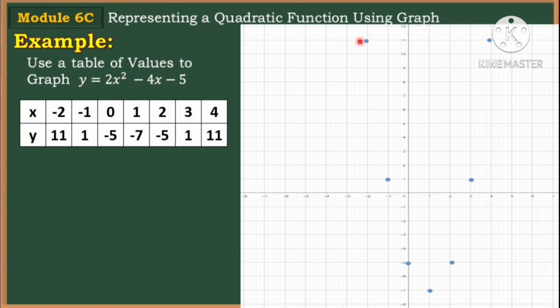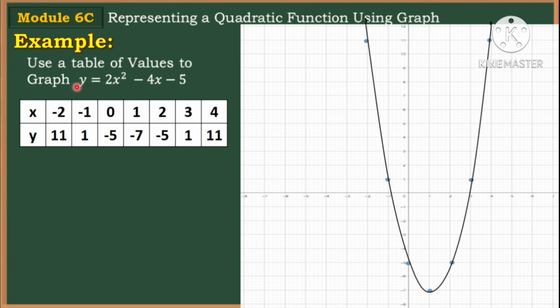Okay? So, draw natin ng line. So, mula dito, mag-pass through doon, then dito siya mag-curve. Okay? So, ito yung graph natin. Ito na yung graph ng function y is equal to 2x squared minus 4x minus 5. Okay?